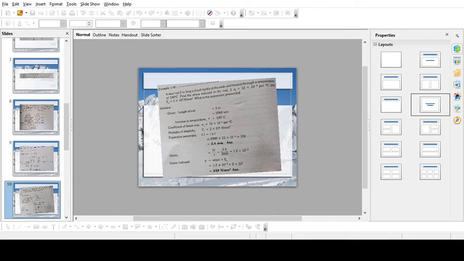Now for equilibrium, the tensile load on the steel should be equal to the compressive load on the copper.